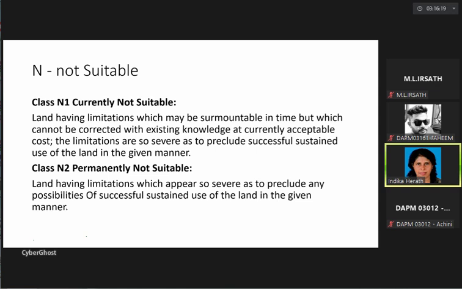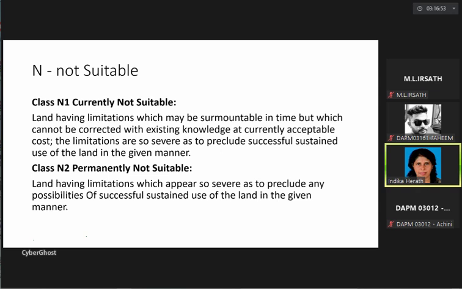But maybe you can do some changes to make it suitable. You can correct certain problems when the land has limitations which may be surmountable in time, but which cannot be corrected with existing knowledge.